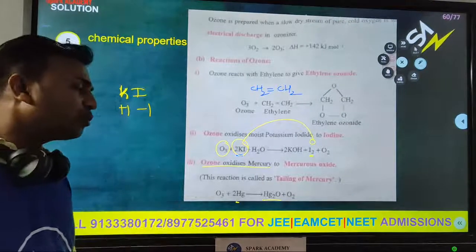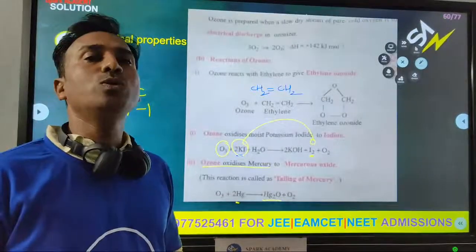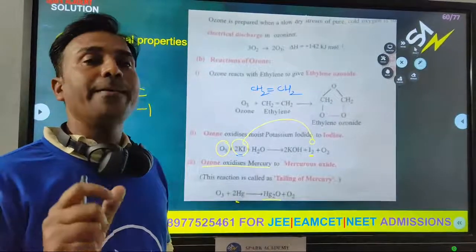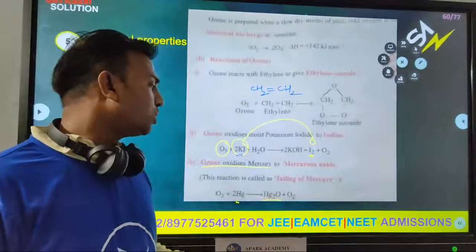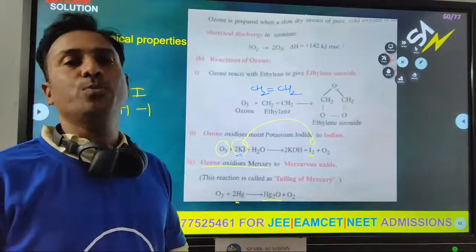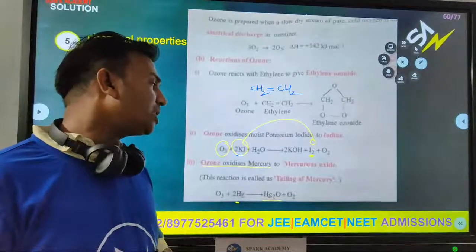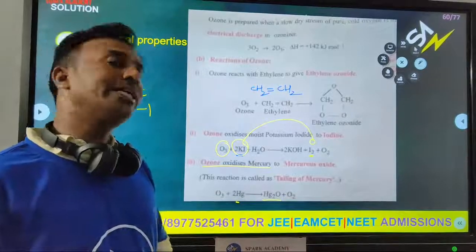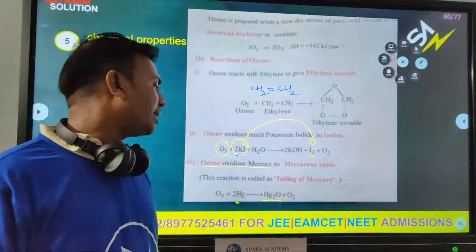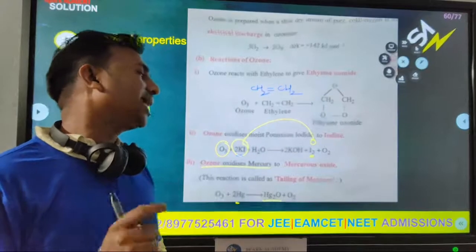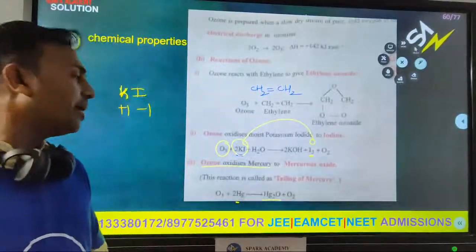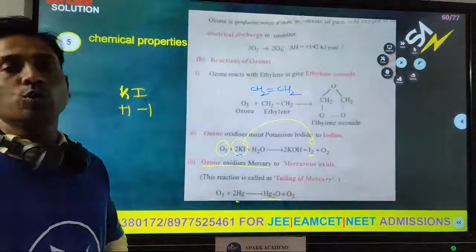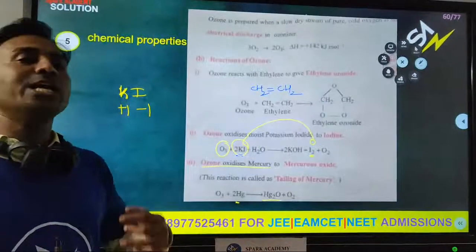When it reacts with ozone, it loses its movement. That is called meniscus. When it loses its movement, it sticks to the walls of the test tube. That process is called tailing of mercury. The formation of mercurous oxide with ozone is called tailing of mercury.